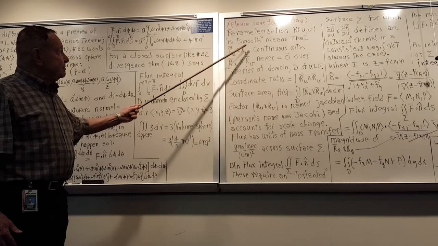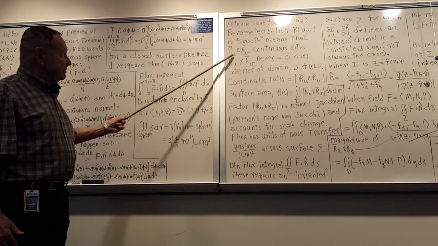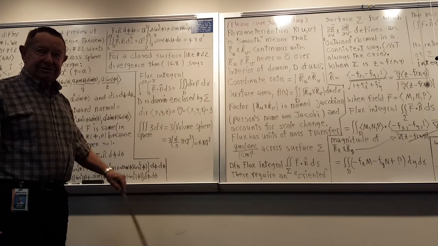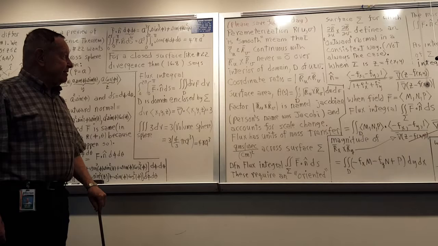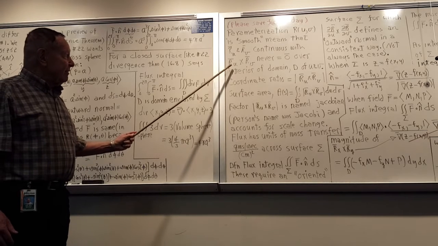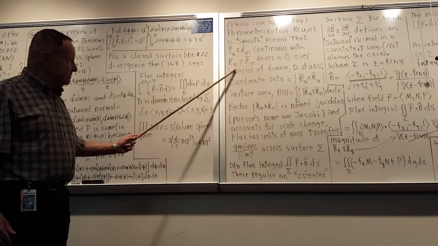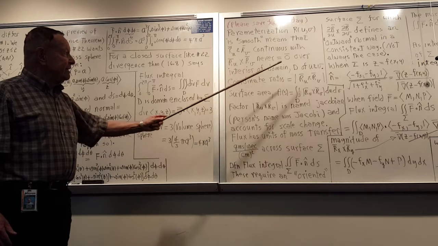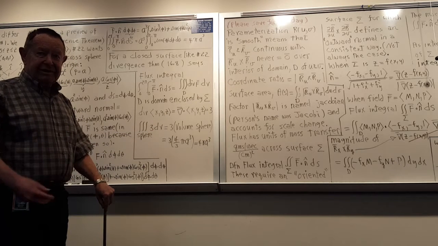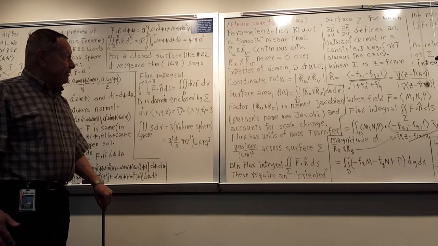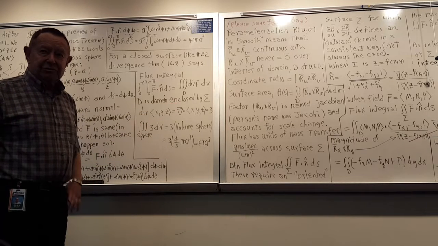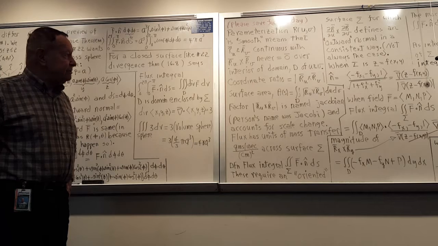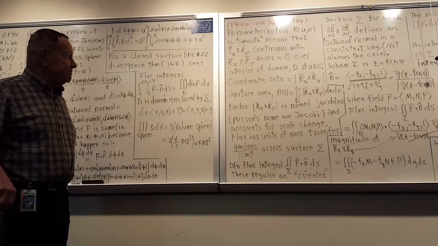So smooth means that the partials with the two variables that you're using as your parameters will be continuous, with the cross product of the partial derivatives never zero over the interior of the domain of the two variables that you're using as your parameters.